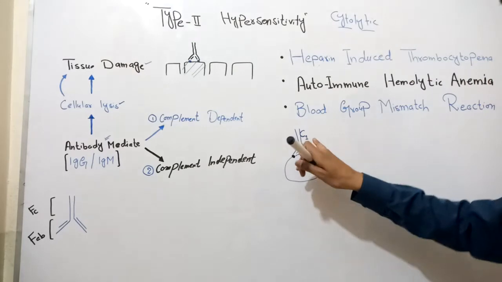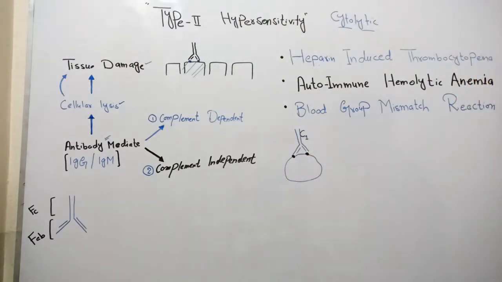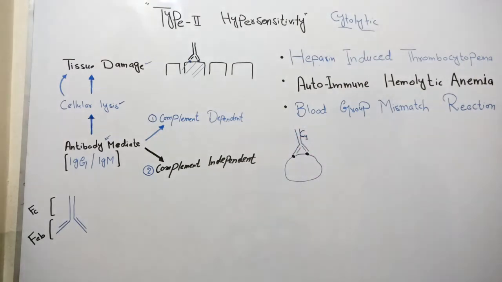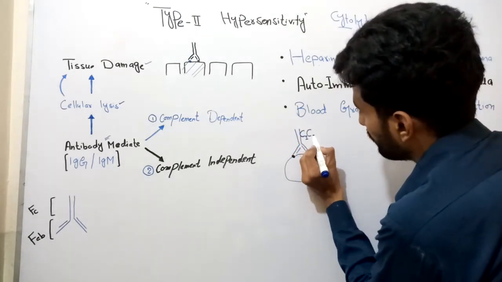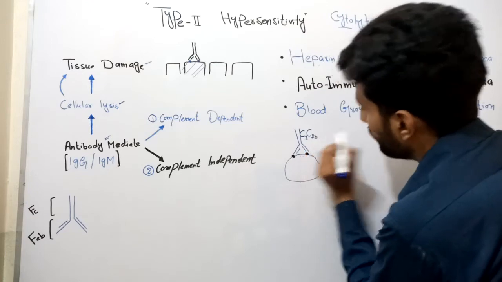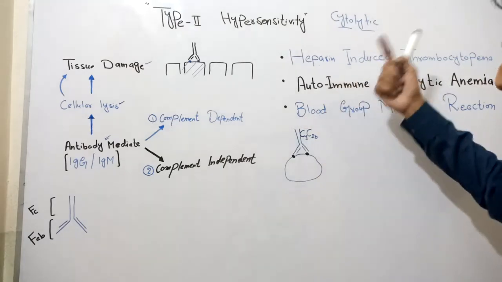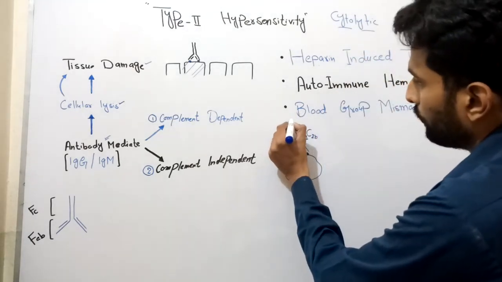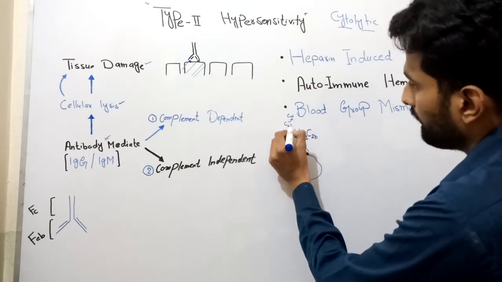activation, and once C1 has been activated, it will attach with the Fc portion of the antibody. Now this C1 will convert C2 complementary protein into C2A and C2B.